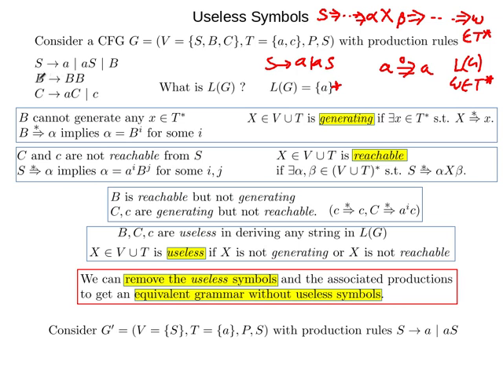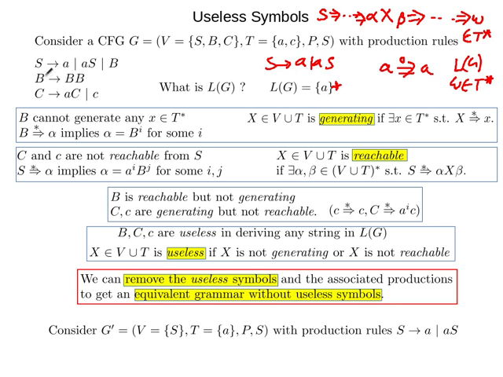So what is a production? A B production is one which has B in the left side, right? So A production, B production, S production, you remember that definition.